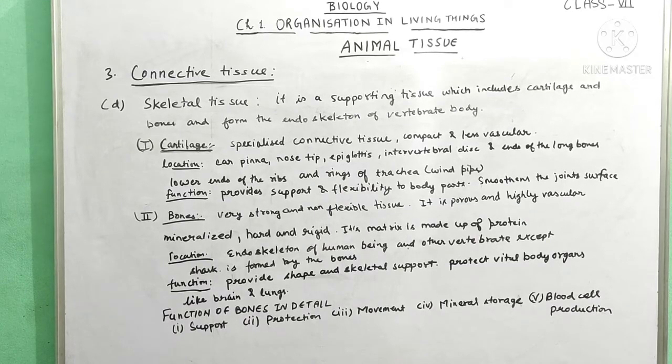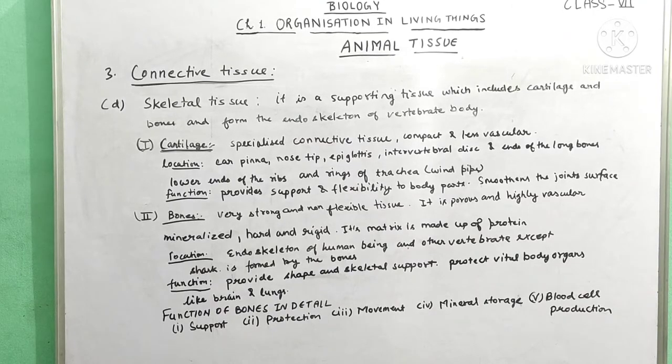You have heard that the bones are mineralized tissue. It means that they have minerals present inside them. The main minerals are calcium and phosphorus, and calcium and phosphorus are also the essential component for the various cellular activities that occur inside the human body or the animal body.